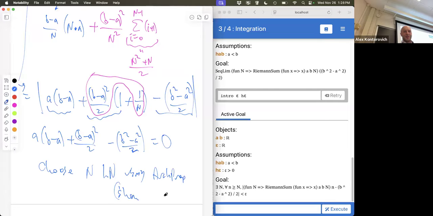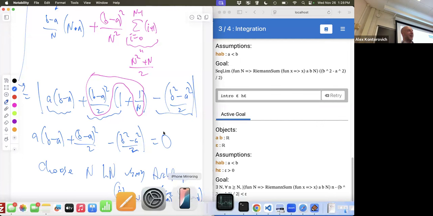Show something by bound. And what value of epsilon do I want? I want this whole thing less than epsilon. You want 2 times epsilon over b. Exactly. 2 epsilon over b minus a squared.